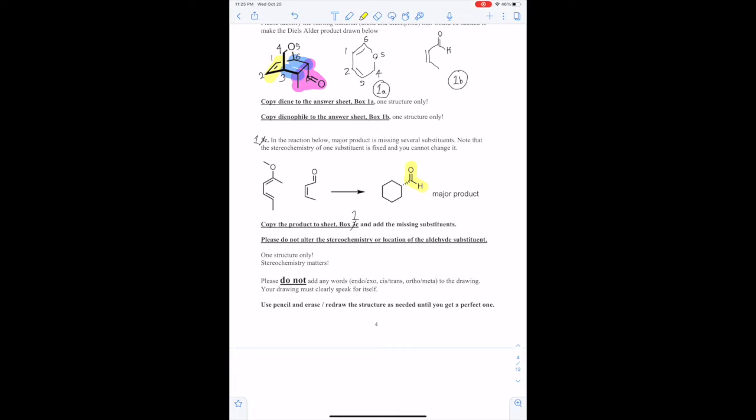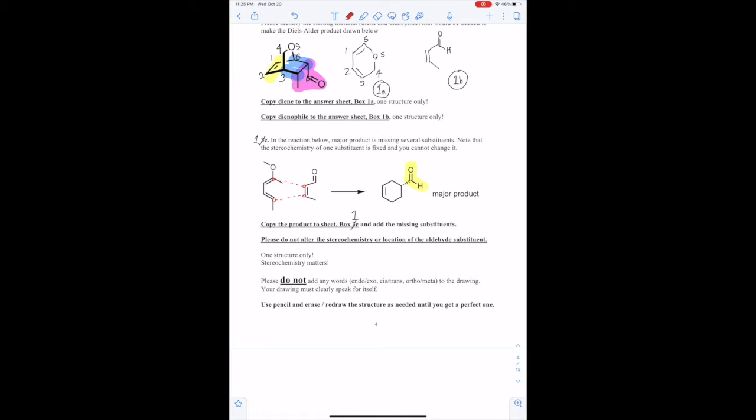Okay, so first of all, something that's missing right off the bat you can draw in is this double bond. And then we also want to find the location of the sigma bonds that are going to be created in the Diels-Alder product. So it starts from there to there, and then there's one over here.